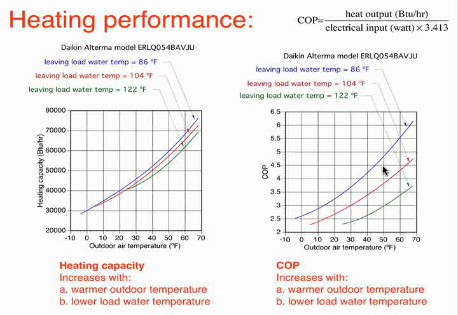Now, we obviously can't control that outdoor temperature. We can control, though, to some degree, the water temperature going off to the load. And we do that by the design of the distribution system. The lower the temperature that the distribution system can operate at and still provide the necessary heat output to the building, the better the performance of the heat pump is going to be.